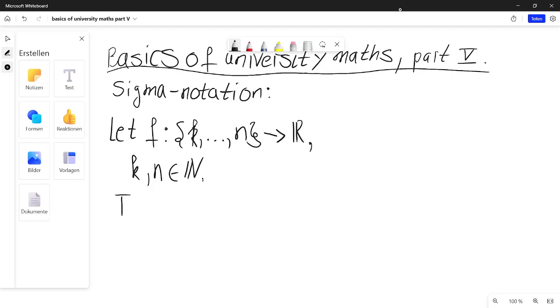Then we just define a symbol that allows us to sum over such a function, in the sense that we sum up all the images of all those points, because we have just finitely many points. There are some natural numbers, and actually it is not clear here that it is finitely many.